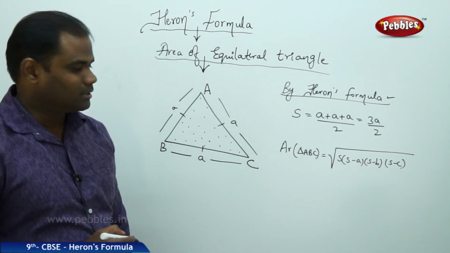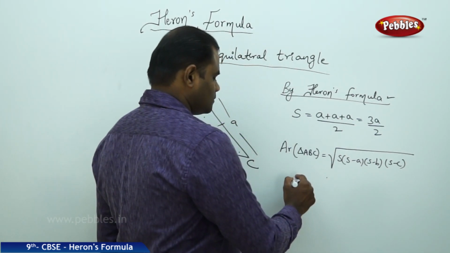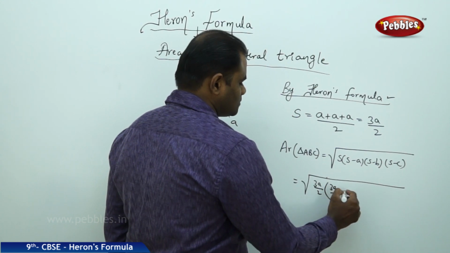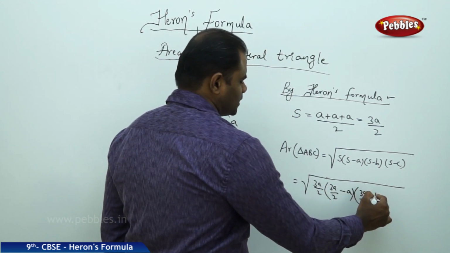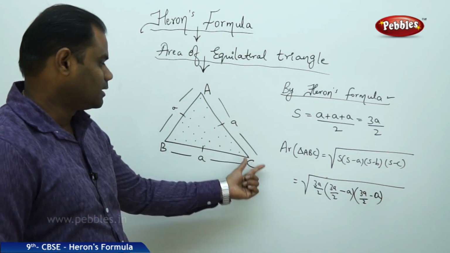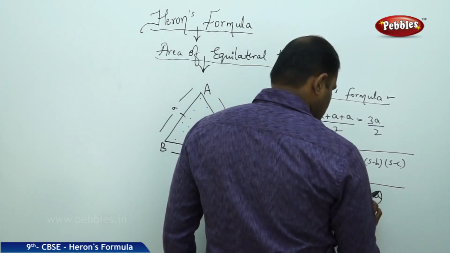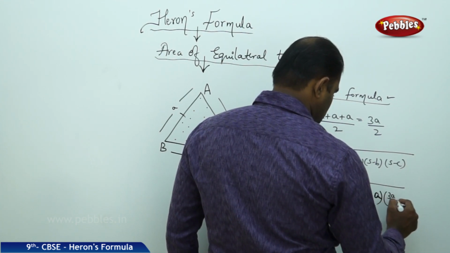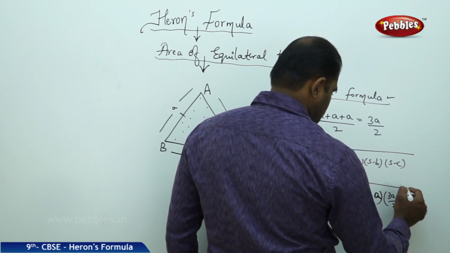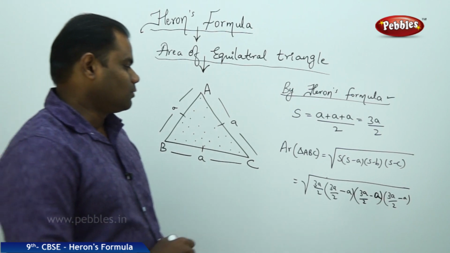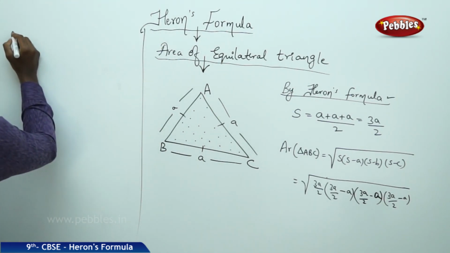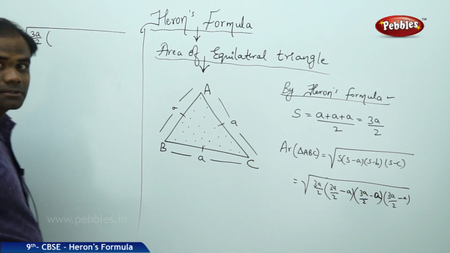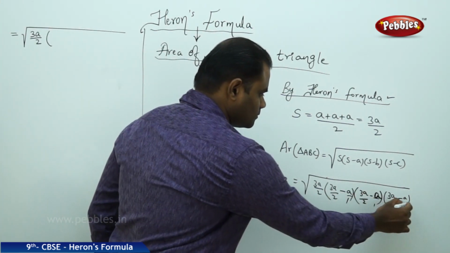As my B and C are A, I can substitute now, replaced with root of S into (S minus A) into (S minus A) into (S minus A), because my B also is A and my C also is A. Now on further simplification, I get this to be root of 3A by 2 times, I take the LCM of each of the terms.